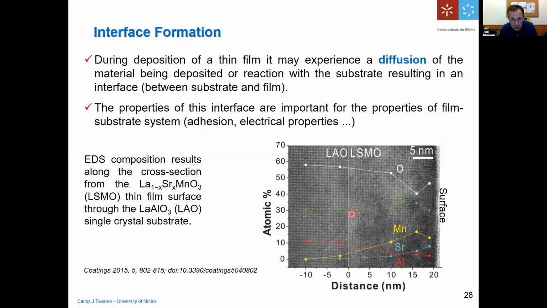So the higher the probability that they can diffuse either from the film to the substrate and from the substrate to the film. Here is where some other techniques like SIMS, which is secondary ion mass spectroscopy, is really important, because you can make depth profiles in your material and look at the composition in depth.